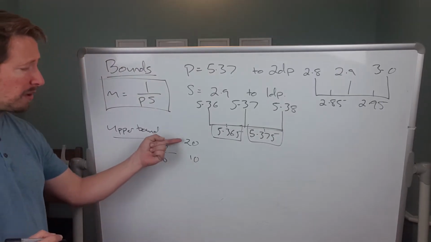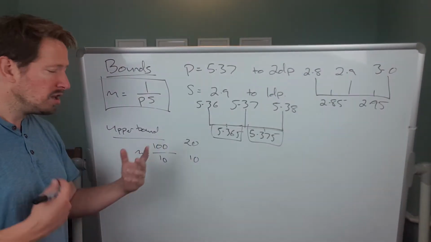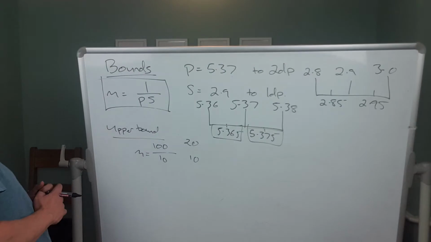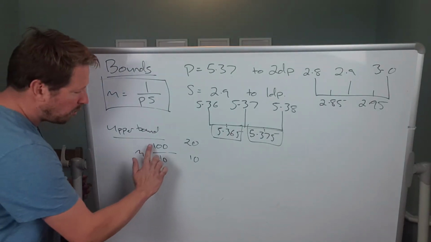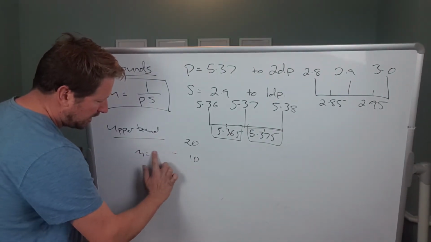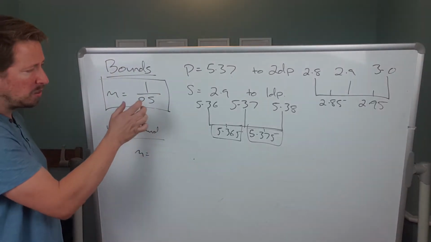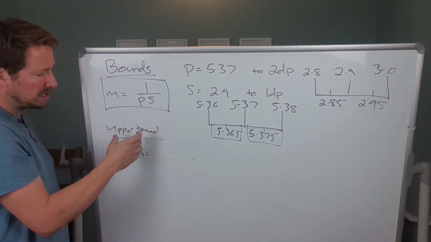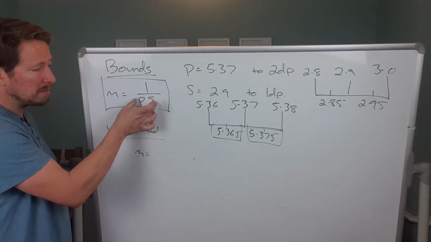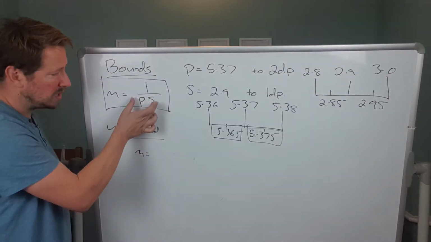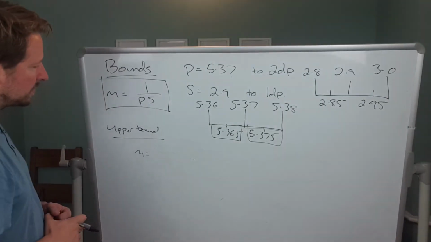So clearly 100 divided by 5 gives us a bigger answer. So my point in saying all of this is that when we've got M equals 1 divided by something, if we want to make it as big as possible, we need to make the bottom as small as possible. And that takes a little bit of getting your head around.